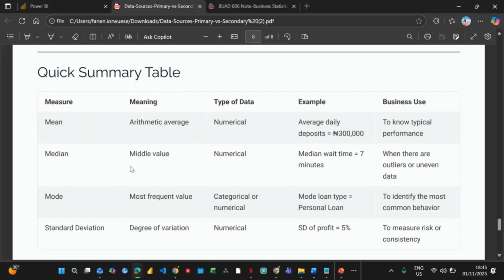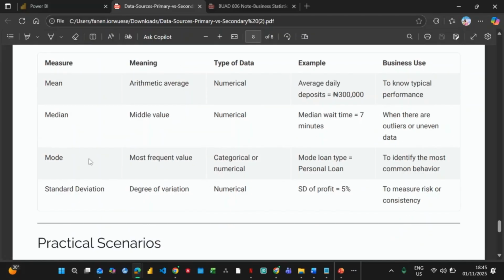The median is the middle value, which helps when there are outliers or uneven data in your data set. The mode is the most frequent value. We looked at the loan type, the personal loan from the data we saw, to identify the most common behavior of the data.